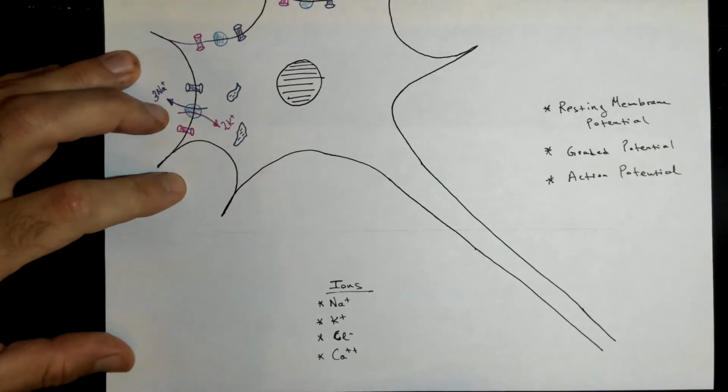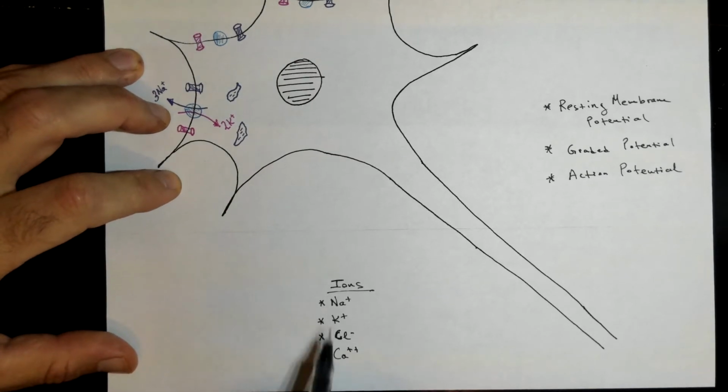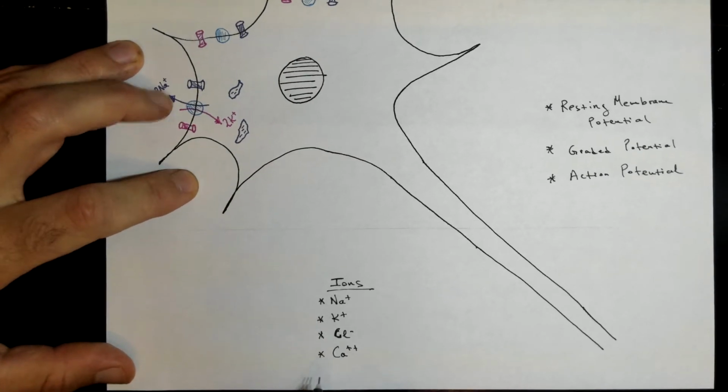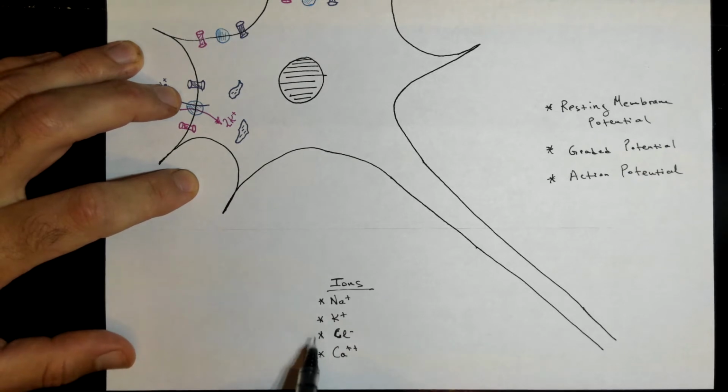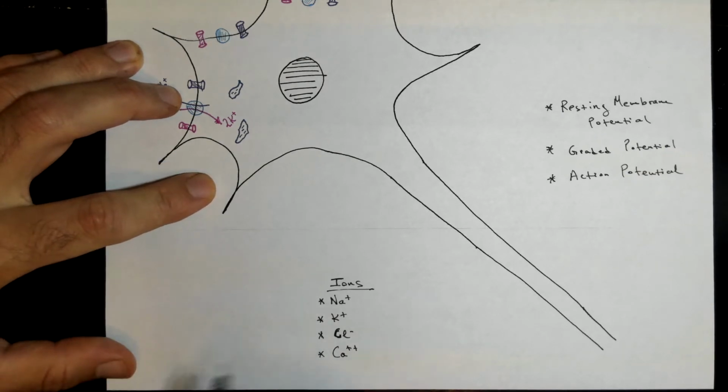And in order for these ions to be able to cross in and out of the cell, to move into and out of the cell, we also need channels.